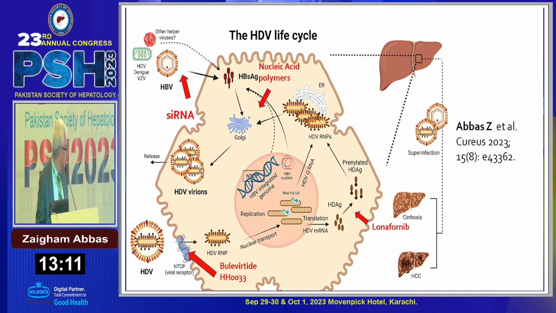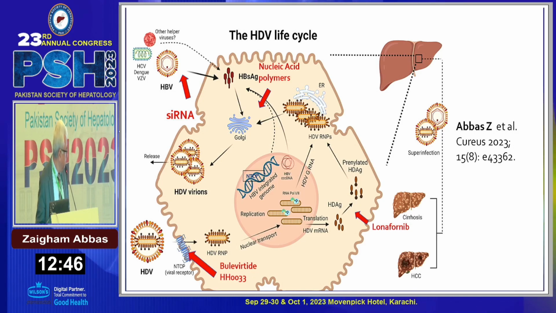Then both things, antigen and viral genome, go to the endoplasmic reticulum, and in the endoplasmic reticulum, HDV particle formation occurs. From the endoplasmic reticulum, the particles go to the Golgi apparatus, and in the Golgi apparatus, these particles become covered by surface antigen.